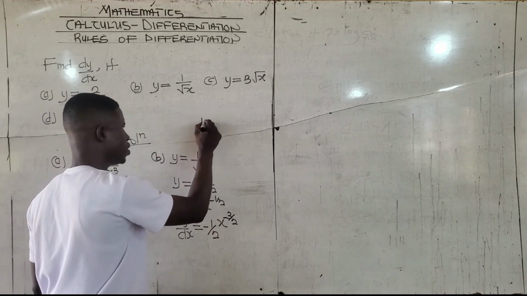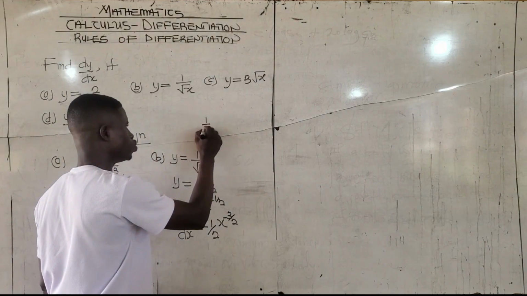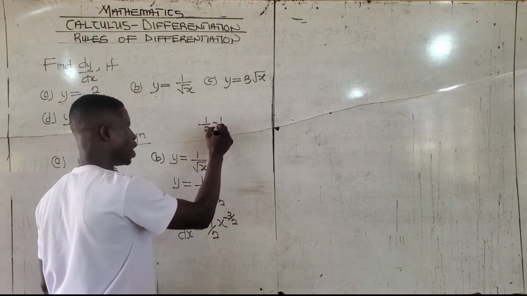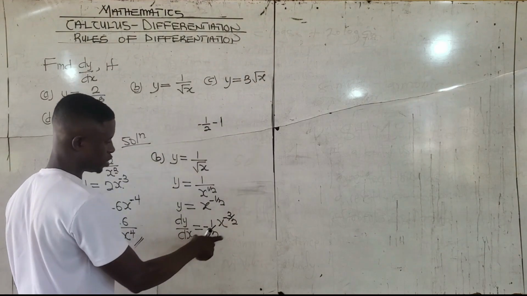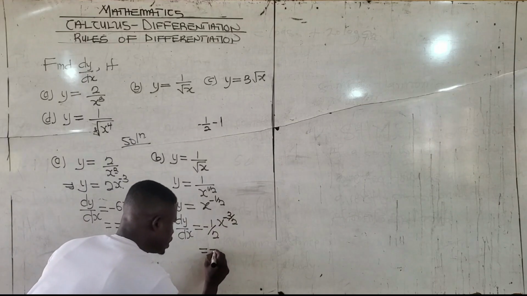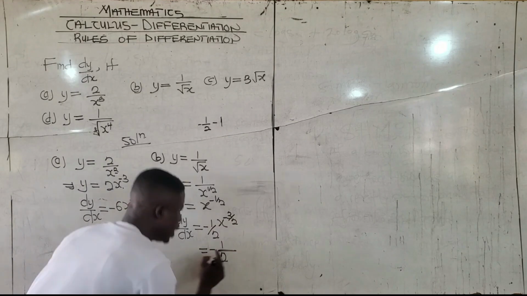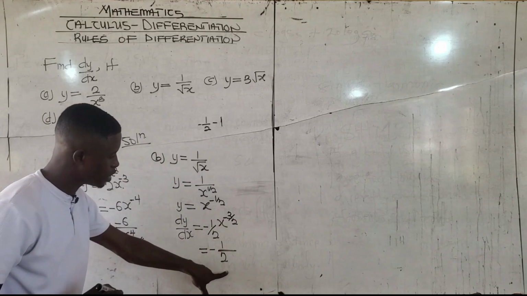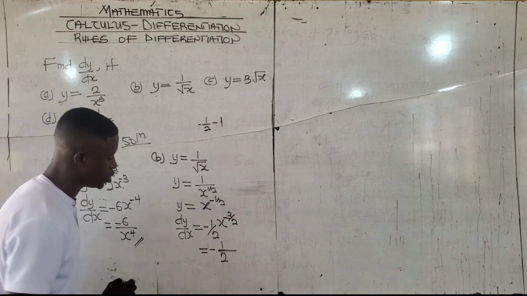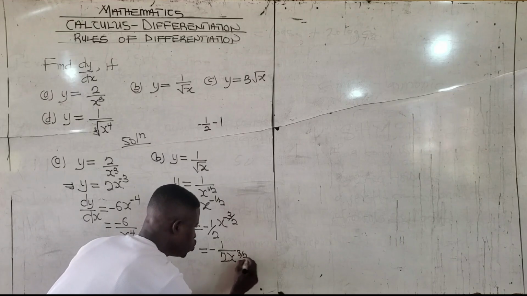So that is negative 1 on 2 minus 1, and that will give us negative 3 on 2. So in this case, we are going to have negative 1 on 2. Then now the x comes down as a denominator, coming back to its original position, we are going to have x to the power 3 on 2.